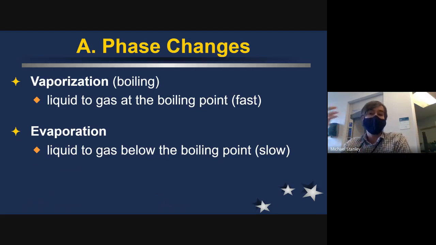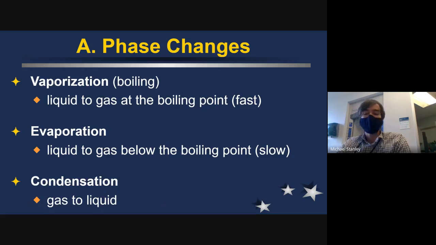If we want to go the other way, take a gas and cool it down to where it starts becoming a liquid, that is called condensation. Condensation is when you have a gas that you cool down enough to where the little gas particles start clumping up together and forming little water droplets. So condensation is the reason why we get rain.